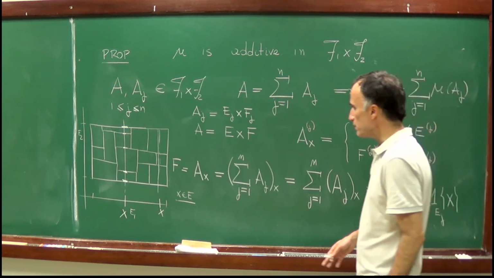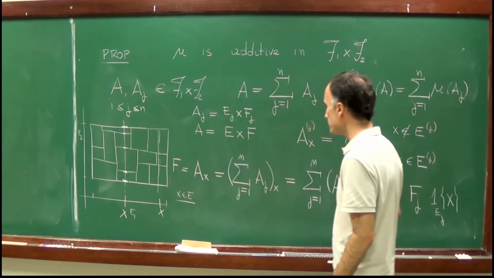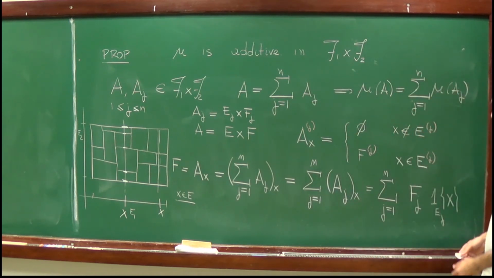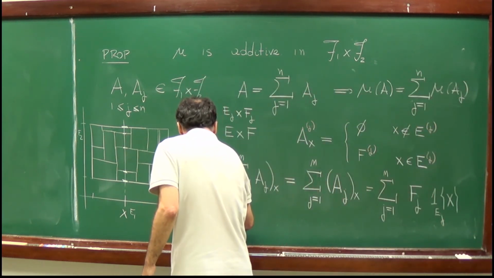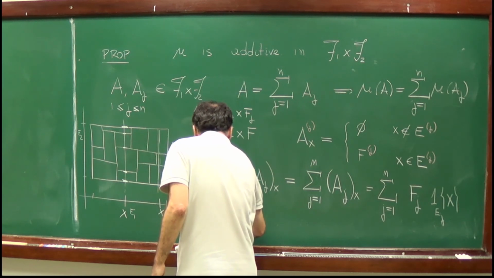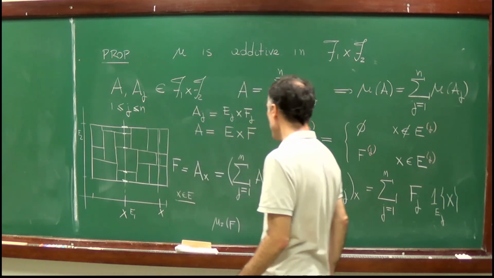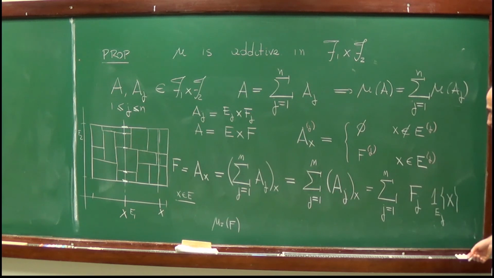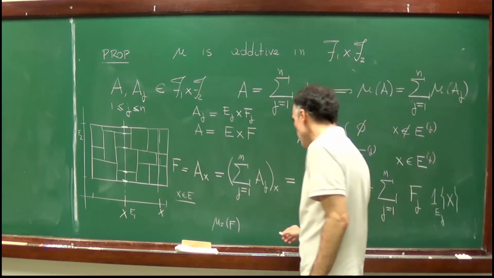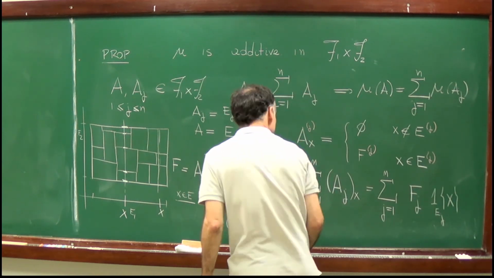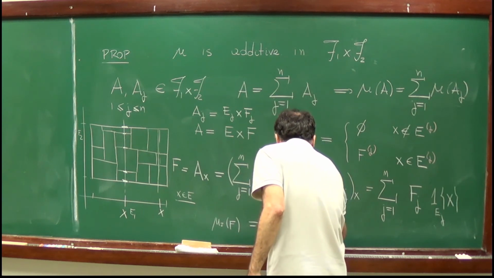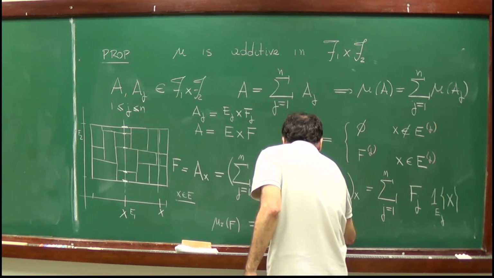But what's important is that F is a subset of Omega 2, so it's an element of F2, as well as the F_j. So I can write that mu2 of F, because mu2 is a measure, so it's additive, and since F is equal to these F_j's, mu2 of F is equal to the sum of mu2 of F_j.